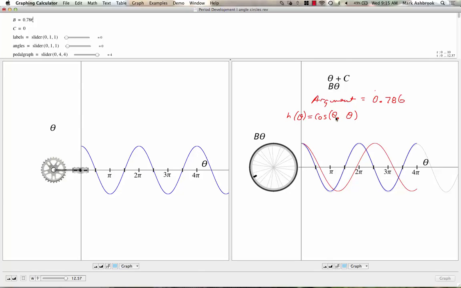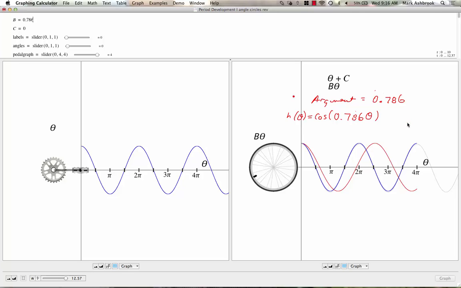First of all, is the period longer or shorter? Is the argument rotating faster or slower than the input? Slower. It's rotating slower, about 3/4 as fast, maybe a little more than 3/4. So longer or shorter period? Longer period. It's going to take more of the input angle for the argument angle to get around.